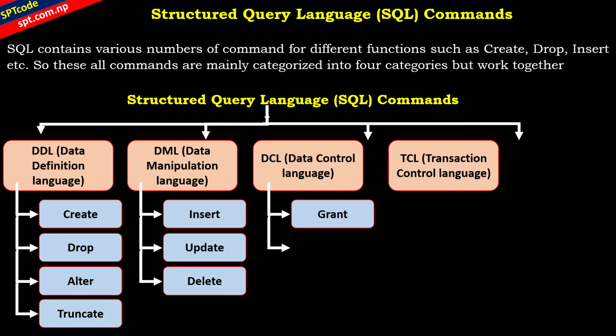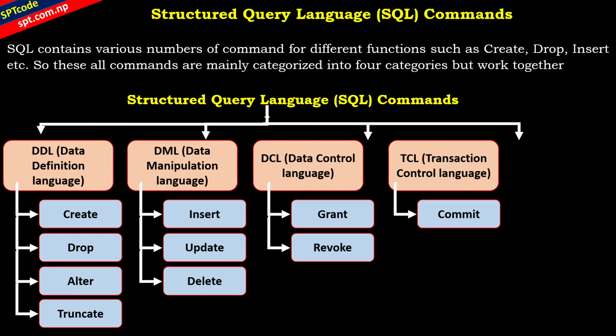DCL normally has only two functions, because it comes combined with DDL and DML. It helps to grant and revoke. Grant means giving permission or access.